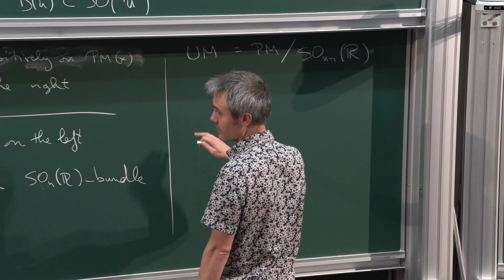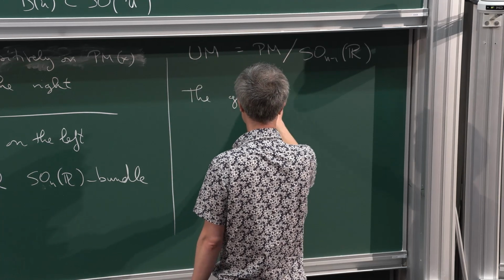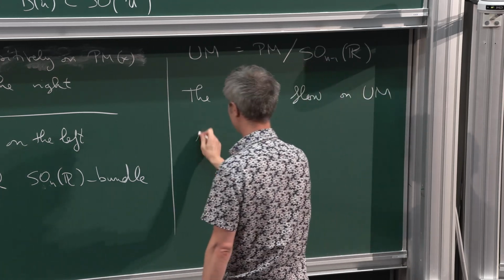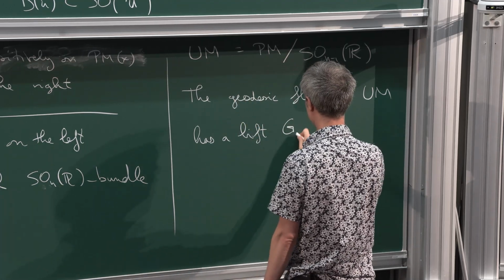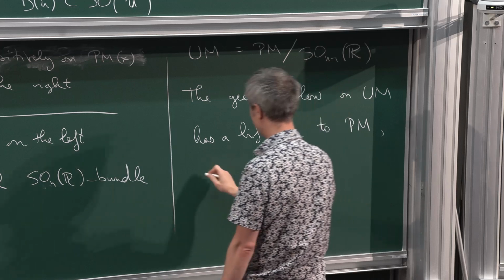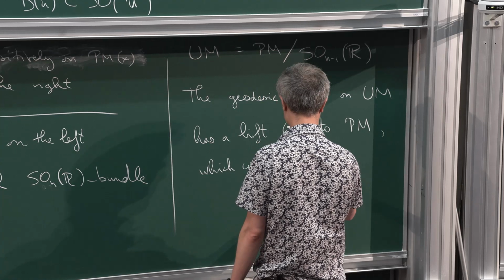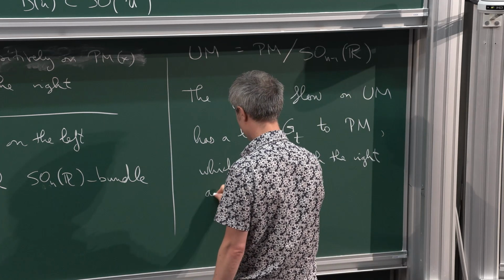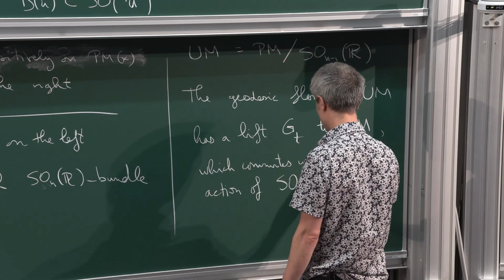And so the geodesic flow on UM has a lift g_t to PM, which commutes with the right action of SO(n-1).